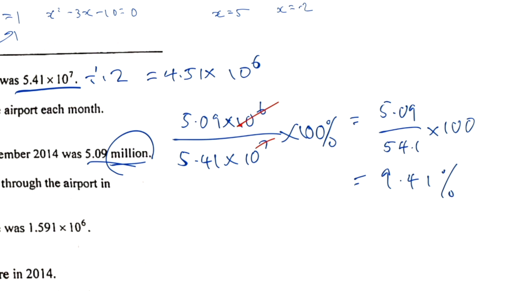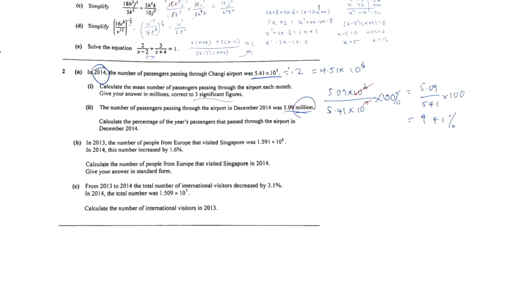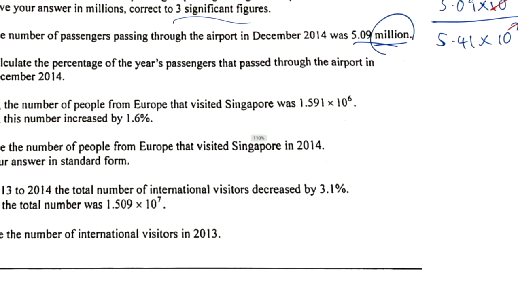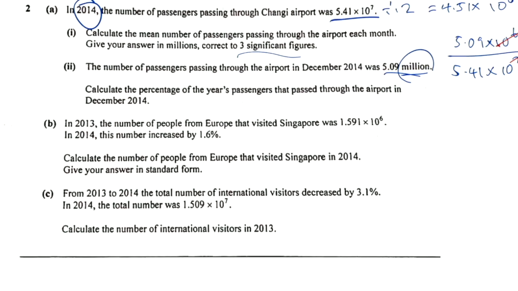Alright, next one. Okay, in 2013, the number of people from Europe that visited Singapore was 1.591 million. In 2014, this number increased by 1.6%. Calculate the number of people that visited Singapore.